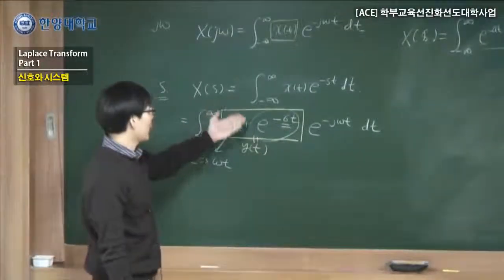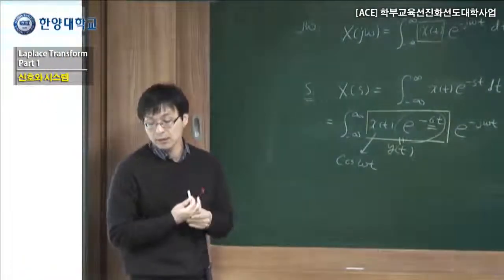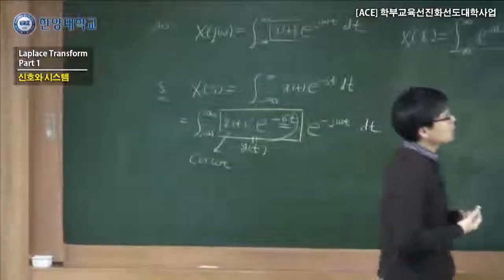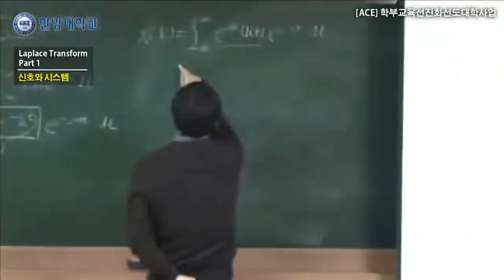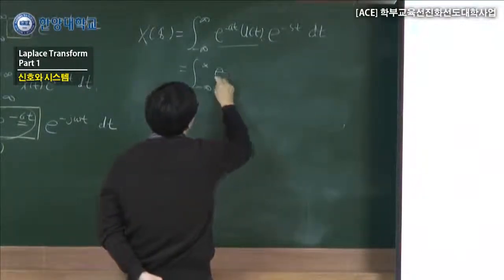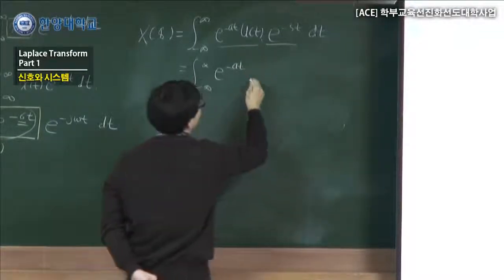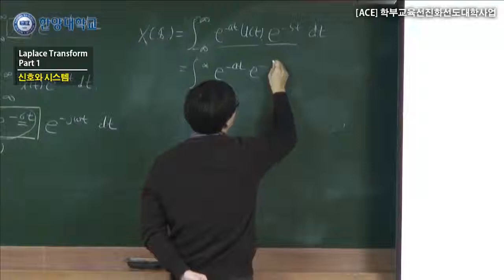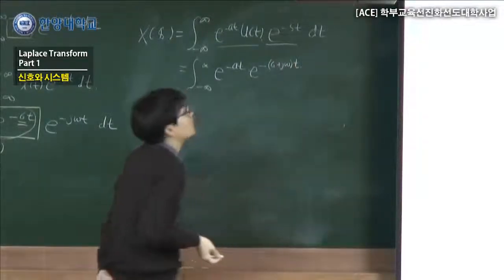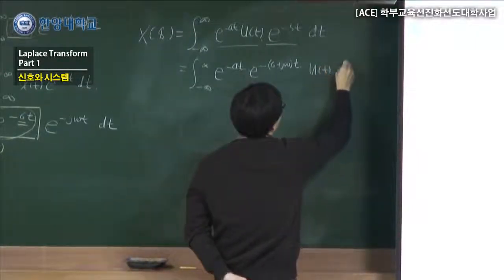In Laplace transform, we have the assumption that s can be divided into delta and j omega, so t is possible. So let's divide them. From minus infinity to infinity, e minus at times this one, which is e minus delta plus j omega t, and ut dt.